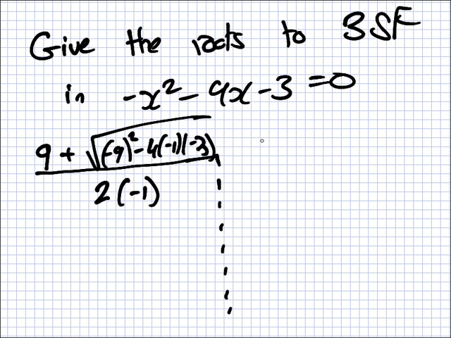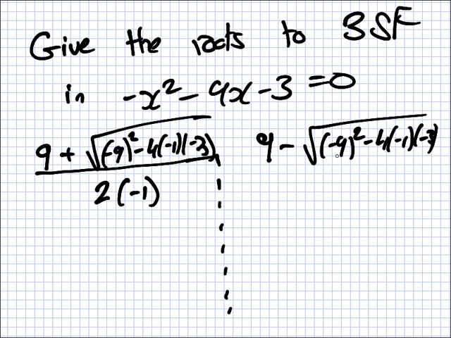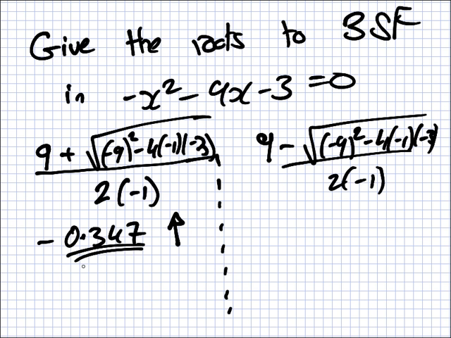And then you'll have to do it again with the minus value. 9 minus square root minus 9 squared minus 4ac all over 2a. So when you put in the plus possibility, what do you get? Minus 0.347. And what was after the 7? It was 6. Okay, so you rounded up then. So that was a rounded up answer, and that's the answer there.